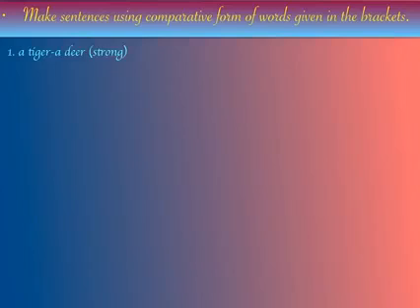So we have to make a sentence using a comparative form between the two nouns, that is tiger and deer. So the answer would be a tiger is stronger than a deer. So stronger is the comparative form of the adjective strong, and we have to use "than" after the comparative form of adjective. So don't forget that, students.